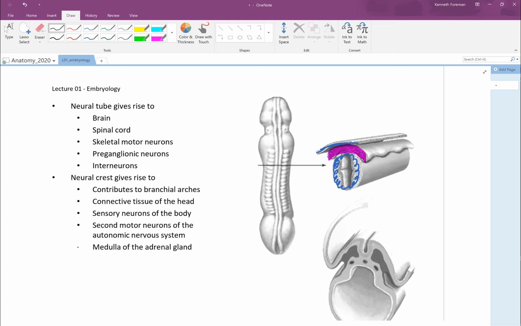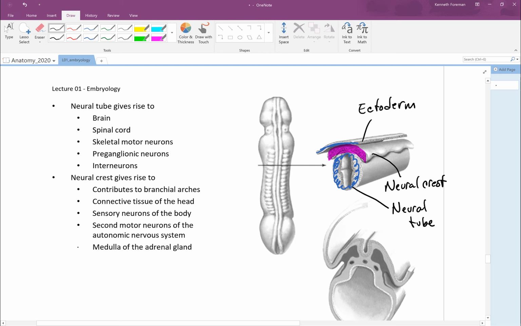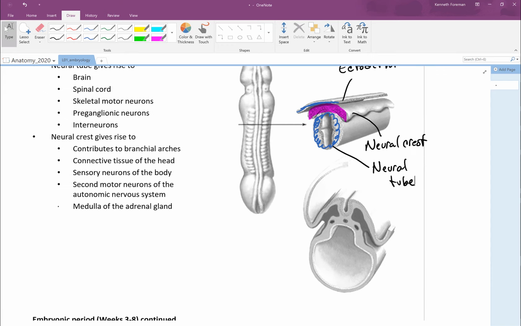So we have ectoderm, neural crest, and neural tube. Now realize this structure is running from cranial to caudal. Okay? Running cranial to caudal.